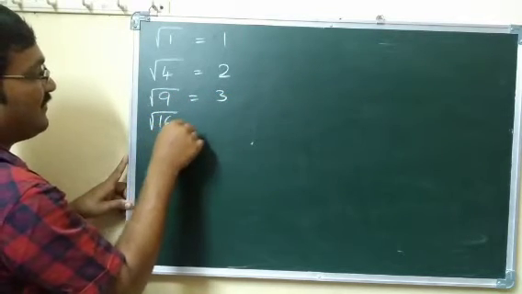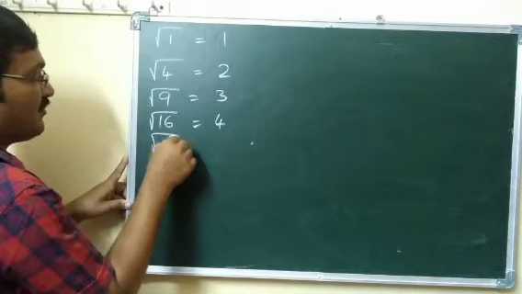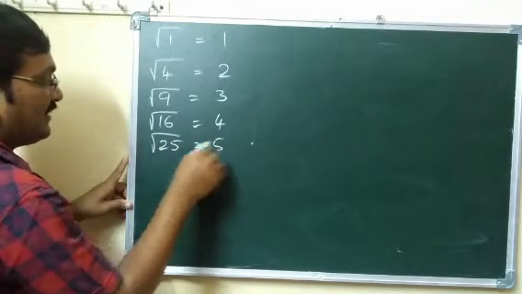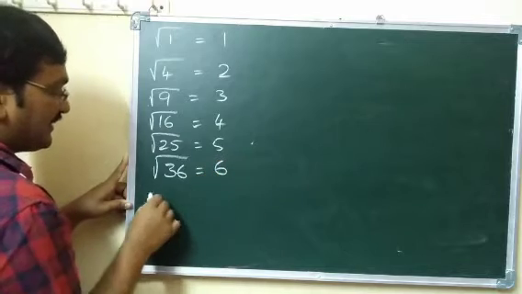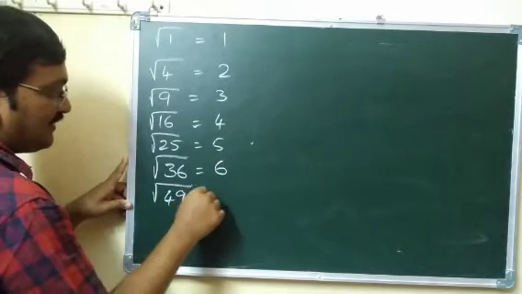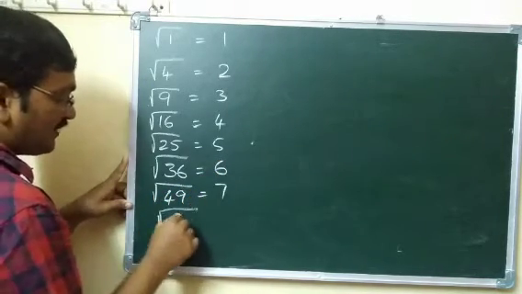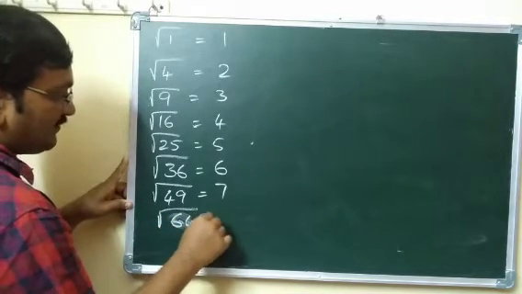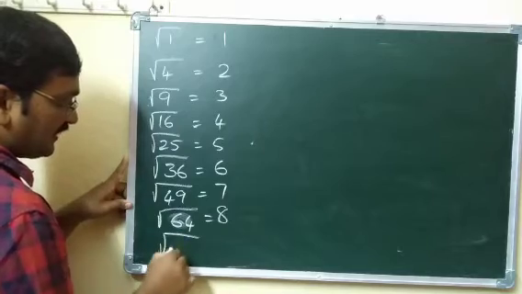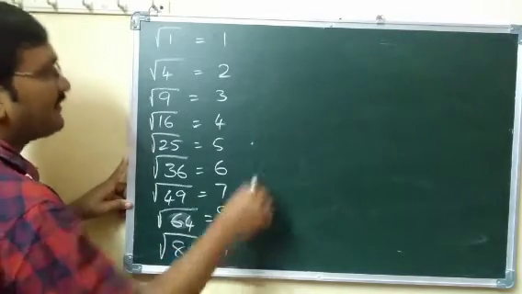Root 16 value is 4. Root 25 value is 5. Root 36 value is 6. Root 49 value is 7. Root 64 value is 8. Root 81 value is 9.